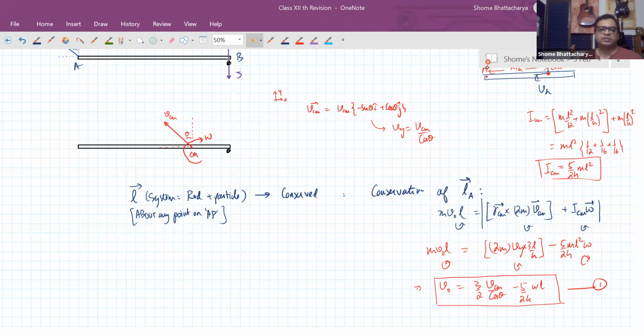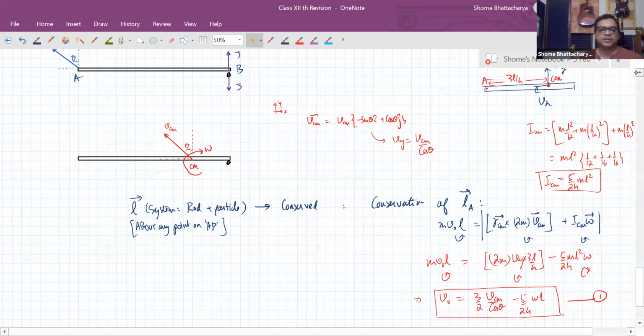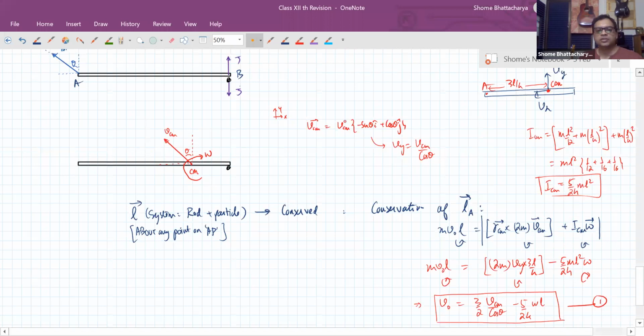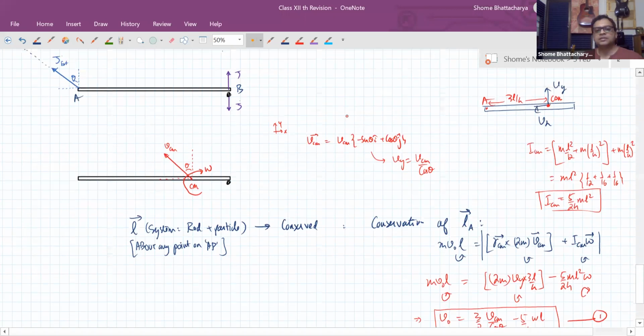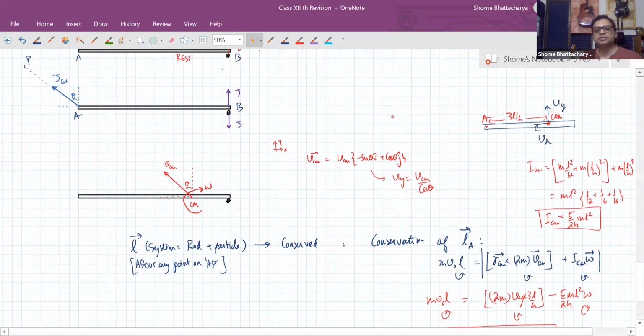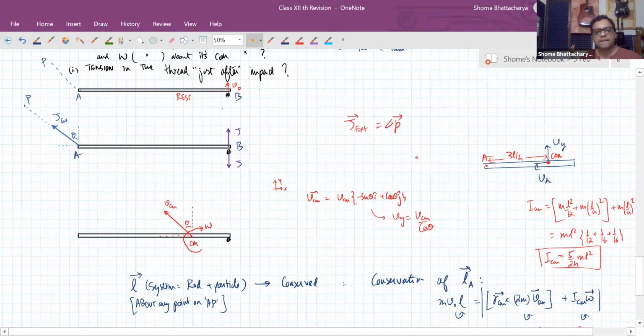Why it will be that, you can see in the impulse picture. What is the net external impulse? It's along this direction. So the net external impulse will be equal to the change in linear momentum of the system. Oh, but wait, this is not correct. Omega is about the center of mass, because it's an independent rigid body.